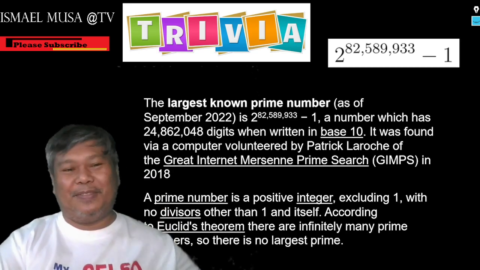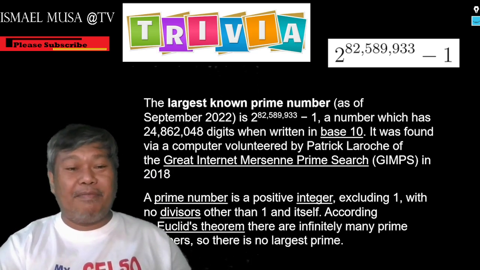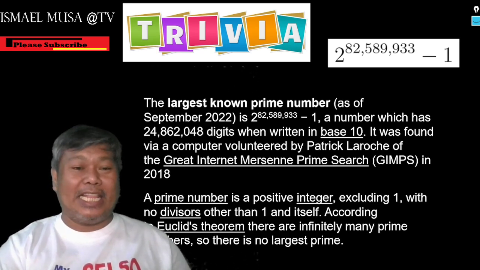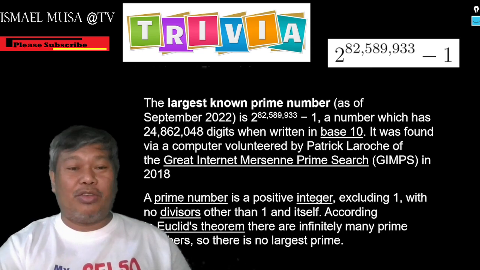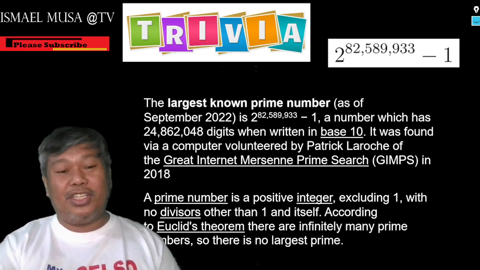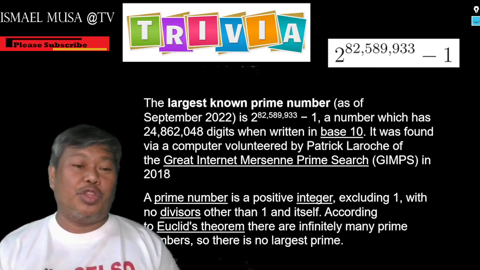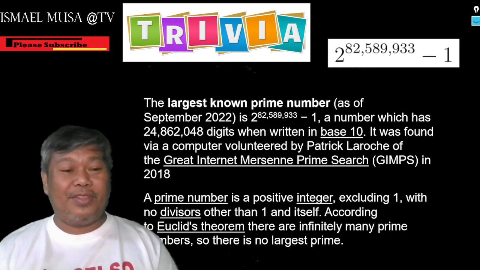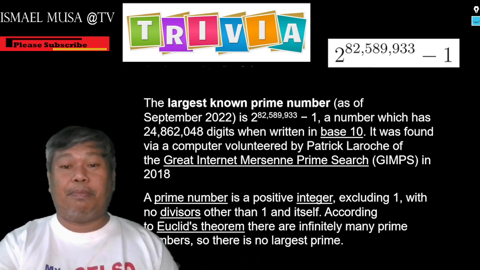The largest known prime number as of September 2022 is 2 raised to 82,589,933 minus 1. A prime number is a positive integer excluding 1 with no divisor other than 1 and itself. According to Euclid's theorem, there are infinitely many prime numbers, so there is no largest prime number.